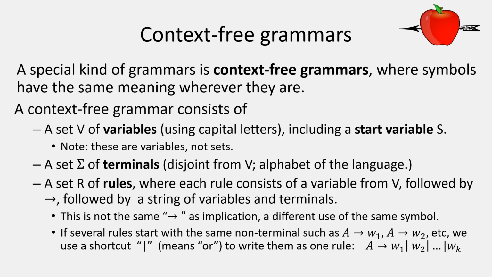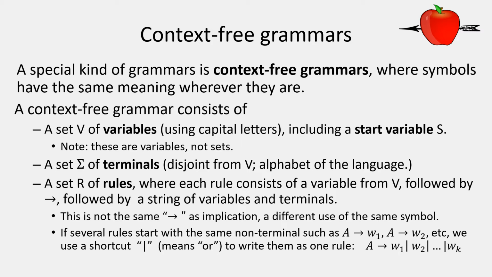So a context-free grammar consists of, the main thing, a set of variables. You could think about variables as denoting parts of speech, but a little bit more than parts of speech, like noun phrase, verb phrase, subject, object. Those would be variables. Whereas the actual words in the language, the vocabulary of the language, also called the terminals, because a word is a word, you cannot go digging inside the word anymore, is the second part of the grammar.